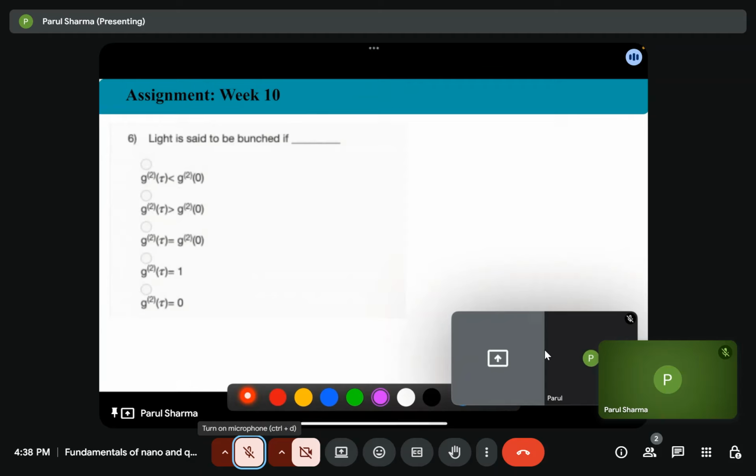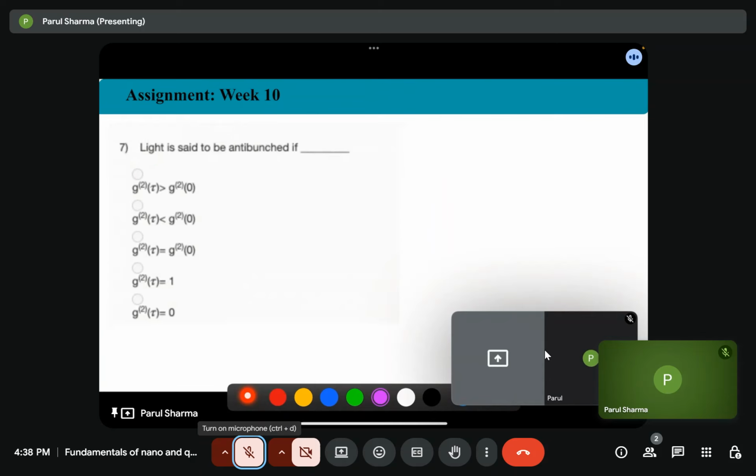Next question: light is said to be bunched if... Just right now we saw that, according to the G2 condition, the light will be bunched if G2 at time tau is greater than G2 at time 0, option A. And anti-bunched if G2 at time tau is less than G2 of 0.